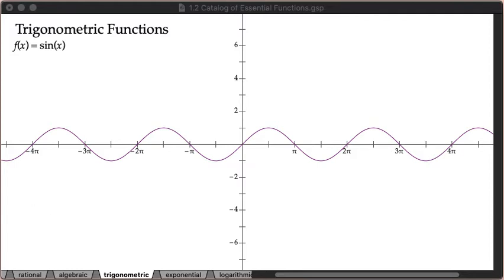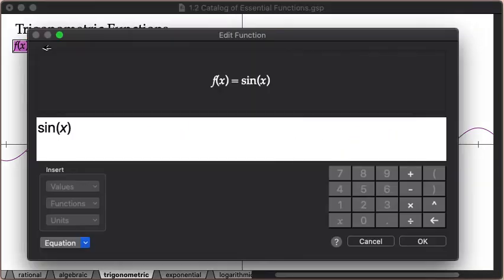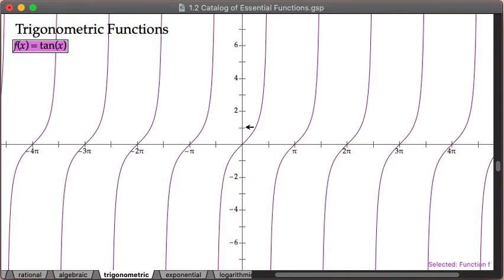But I think that you could also review this in section 1.2. You could also do this with exploration: pull out Desmos and graph each of these functions and remind yourself what's the period of tangent and what are the domain and the range.